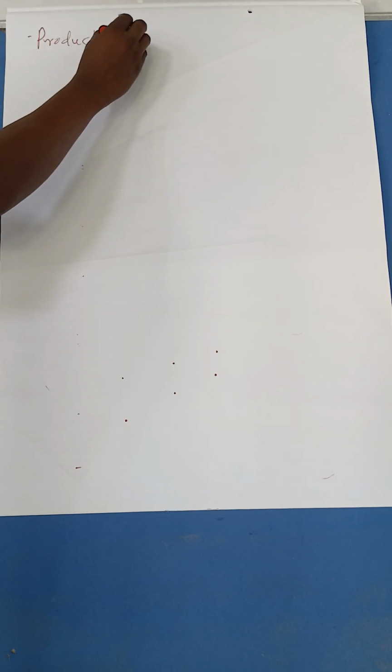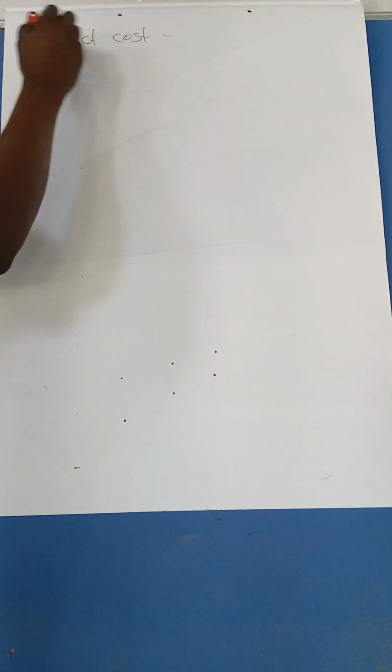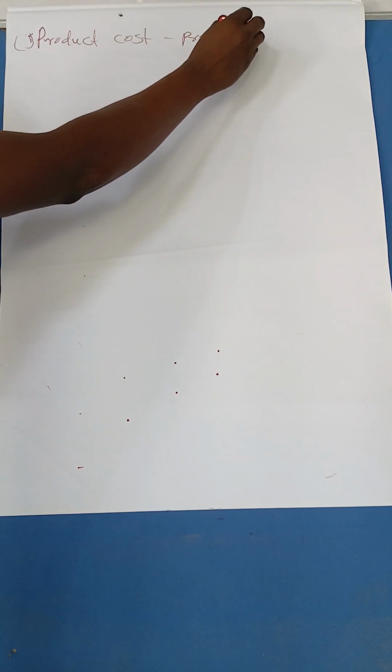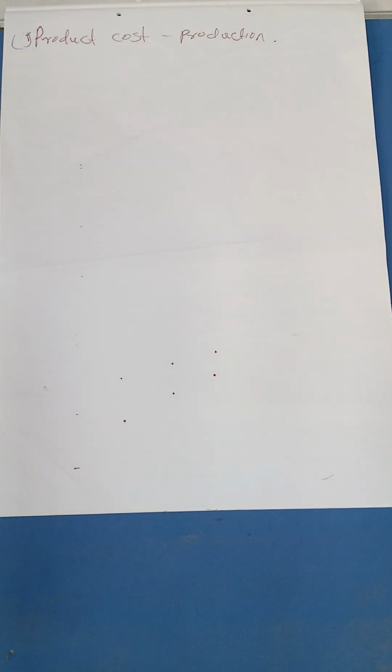Product cost, we always say, is a cost necessary for production and cannot be incurred if there is no production. It is meant for production, and it cannot be incurred in any way if production has not taken place. They will always be incurred when production has taken place.